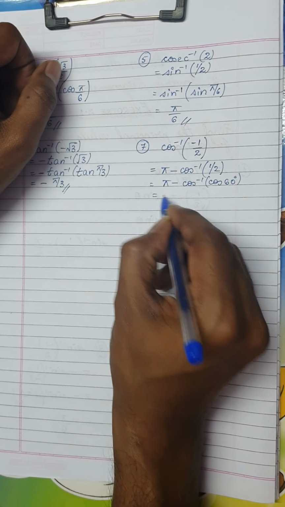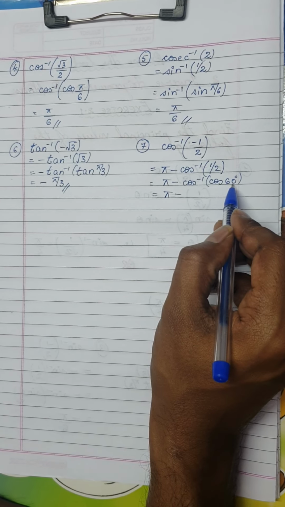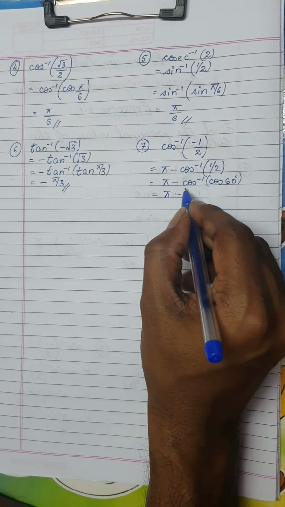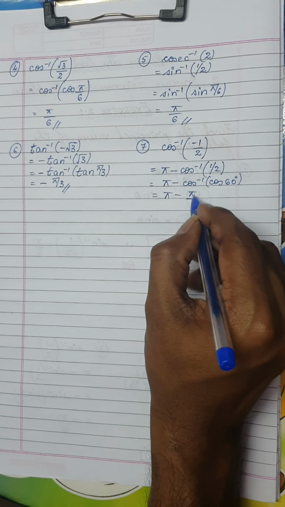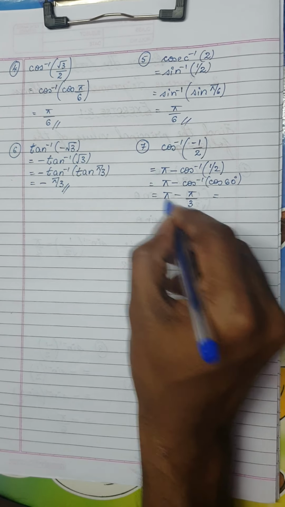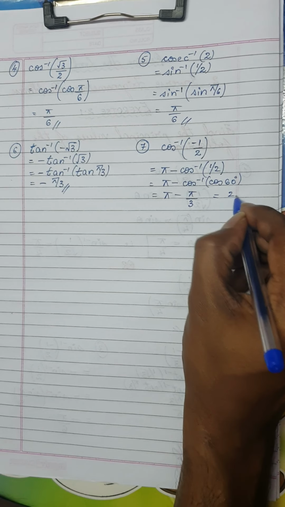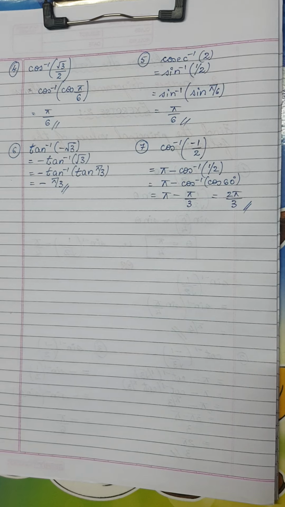Now cos inverse and cos can be cancelled because this is in my range 0 to pi. So you will get pi minus 60 degrees, which is pi by 3. If you take the LCM, you will get 2 pi by 3. This is the principal value.